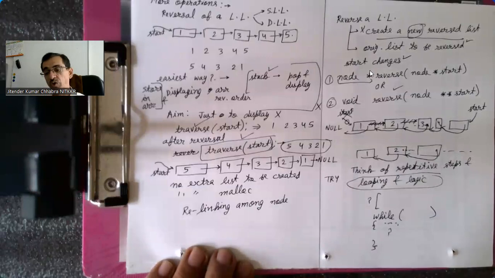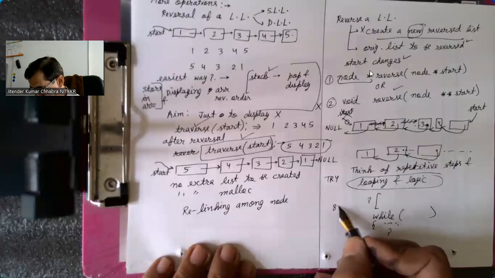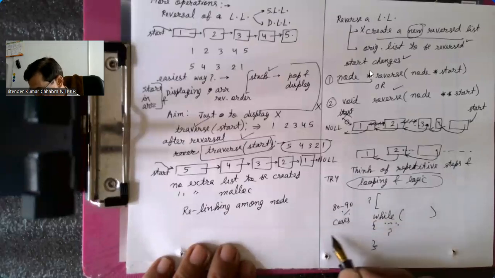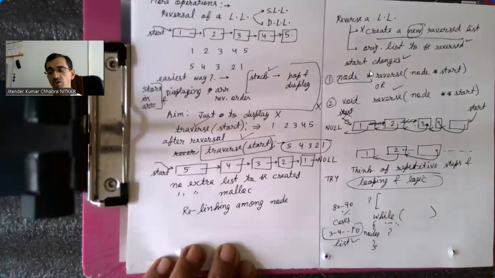And how to ensure it for most of the cases. So the first target should be that for your 80-90% cases, it should work. That will simply mean that your list has 3, 4, 5, 6, 10 elements. List is not a special situation. So a list of 3, 4, 10 nodes exists. For that, your code should work.